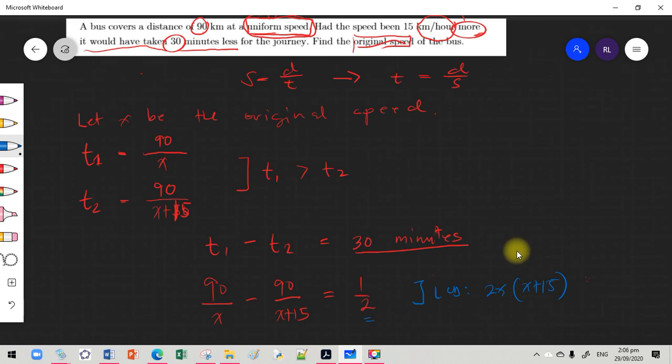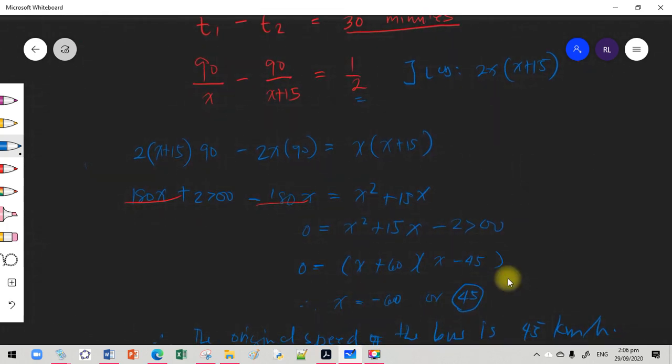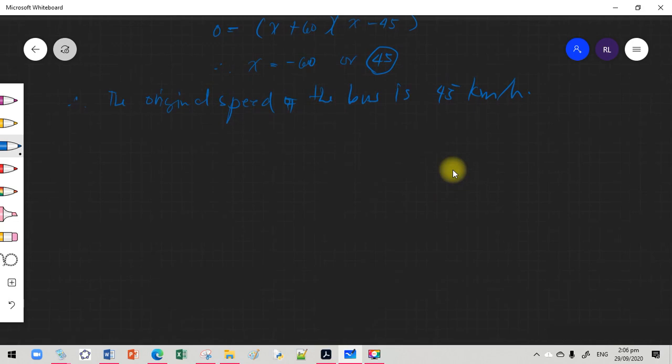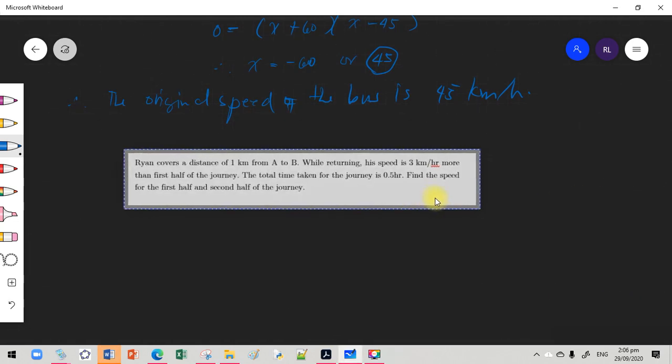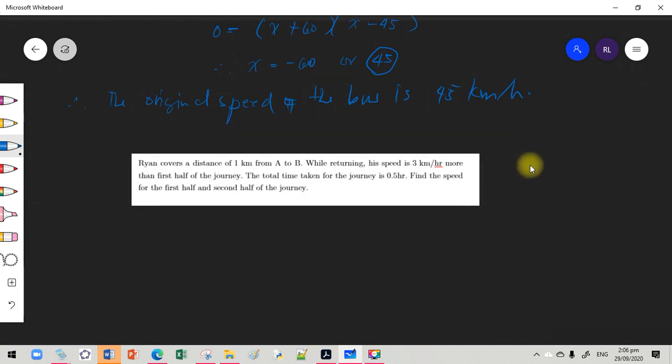So let's proceed with our second problem. These are all speed related problems.